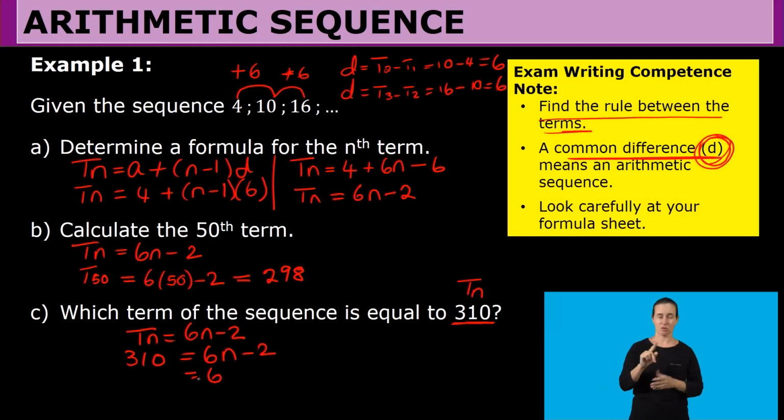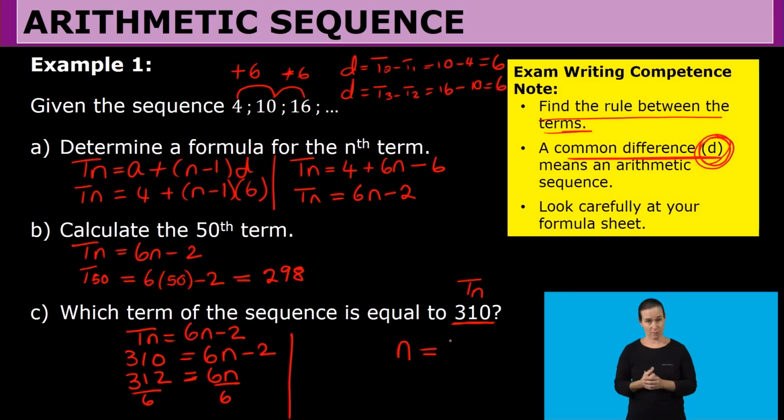Of course, that's going to give us 6n. We know that if we take the 2 to the other side, that is going to be 312. That is 6n, 312 on this side. And if we divide both sides by 6, we know that our value for n is going to be 52. So 52 is going to be our answer.